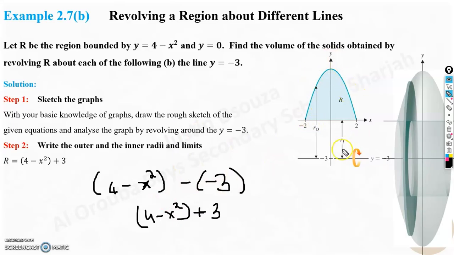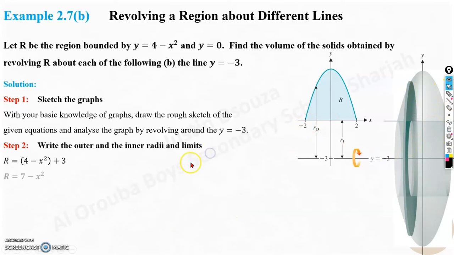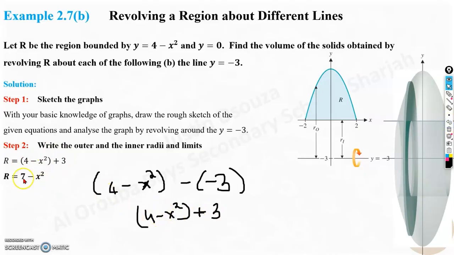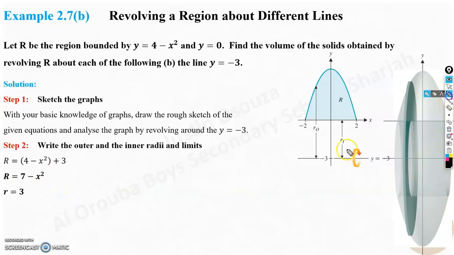So you're rotating along this axis. So this equation minus this point will give you the outer radius. Now same way for the inner radius. So now what we have done is 4 plus 3. After simplifying, 4 plus 3 is 7 minus x squared. Same thing for the inner radius.